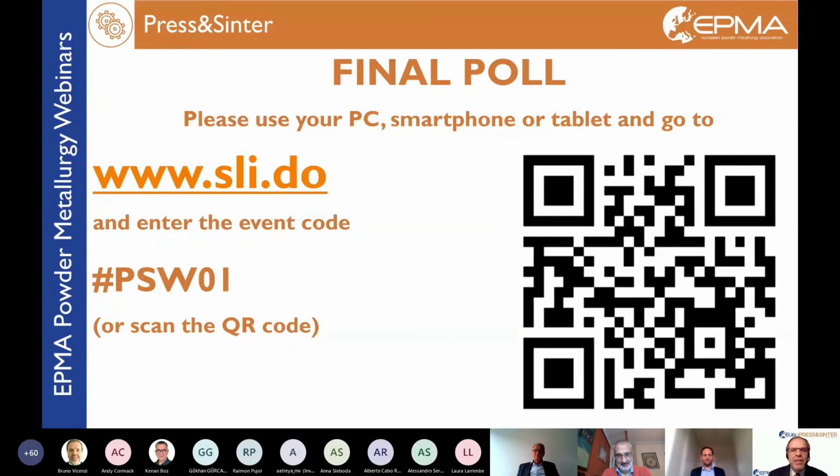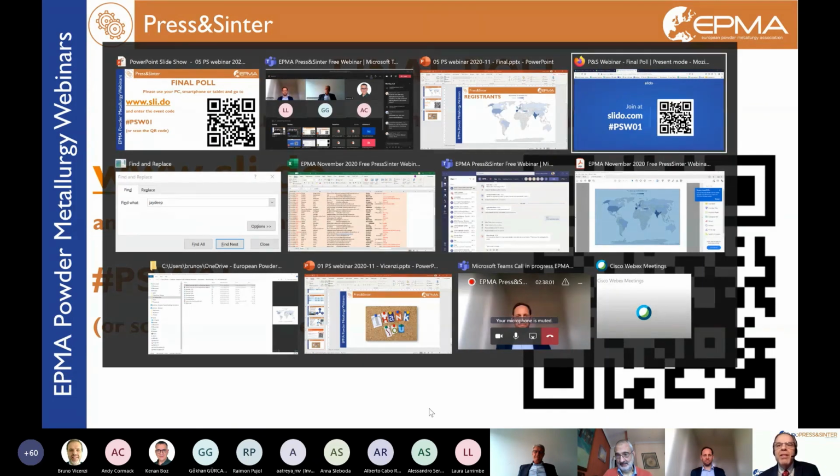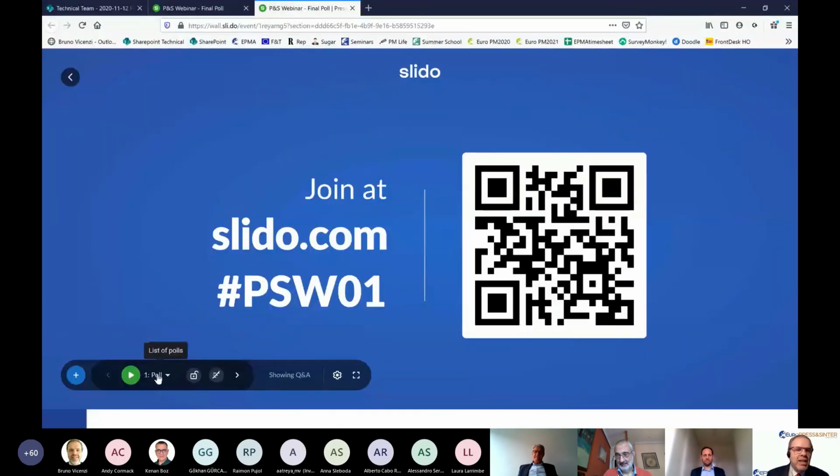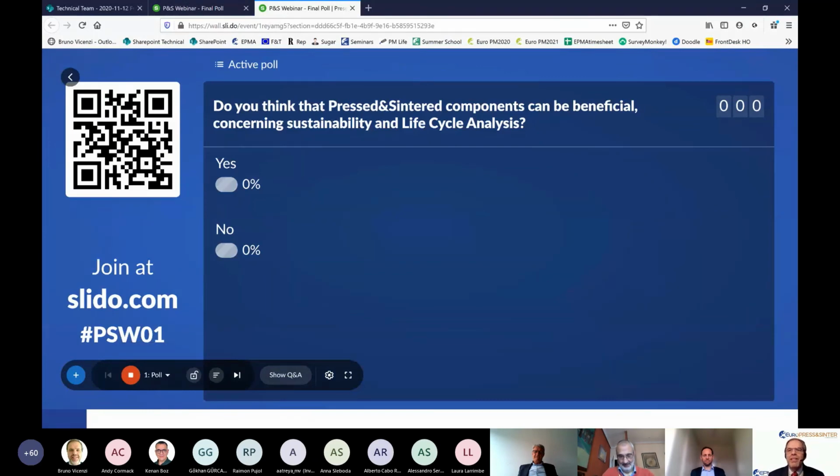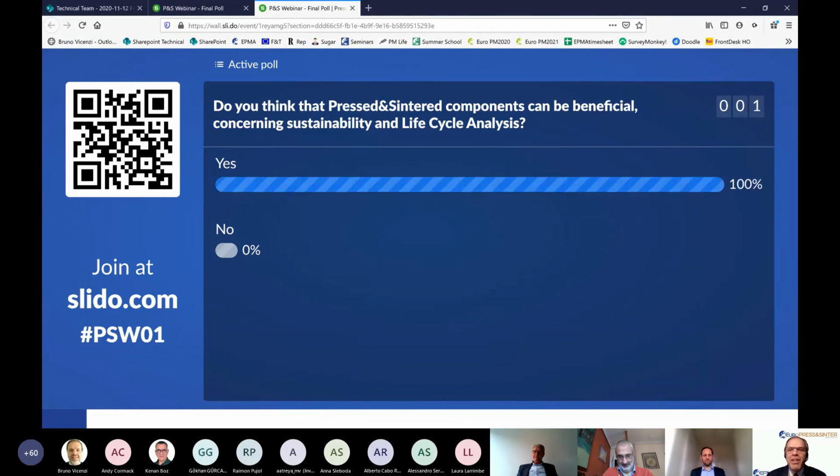Last part of the session: if you can go again to Slido and choose this other event code, PSW 01, I will ask you some more questions. The first question is a summary of what we have shown you today, concerning the sustainability of the parts.